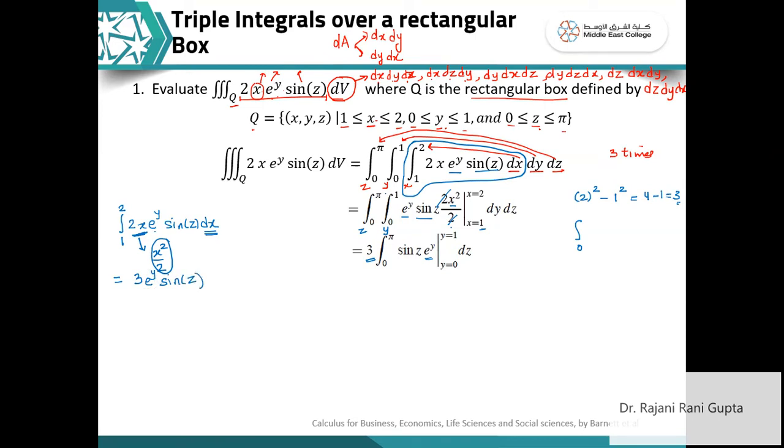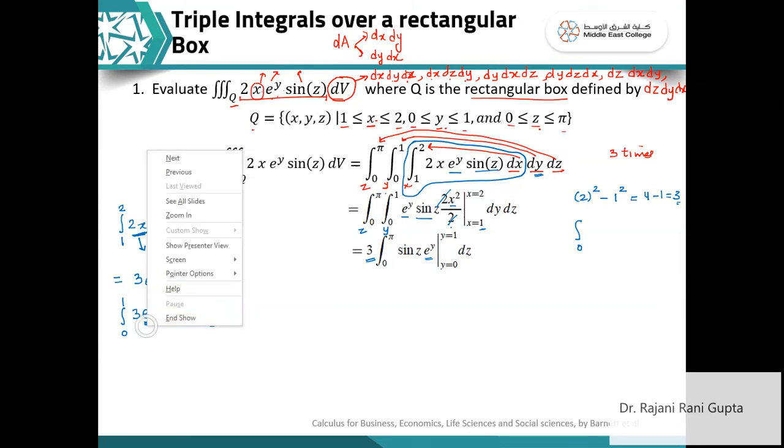When we put it into the second integral, from 0 to 1, we get the integral from 0 to 1 of 3 e^y sin z, and we are integrating with respect to the variable y, dy.